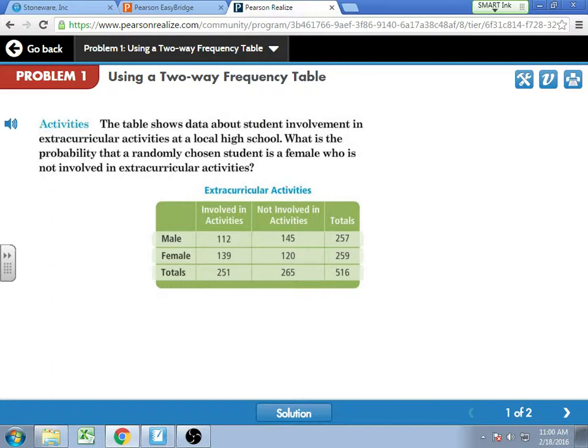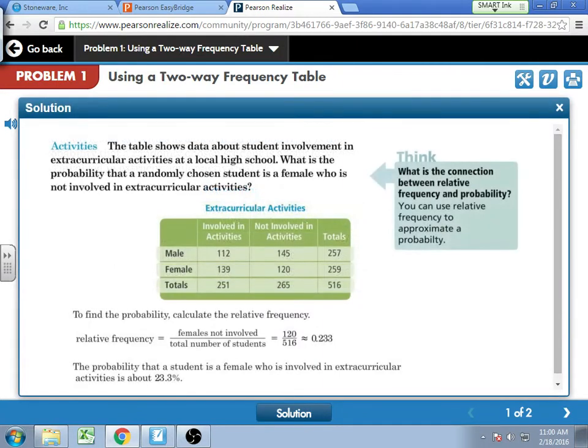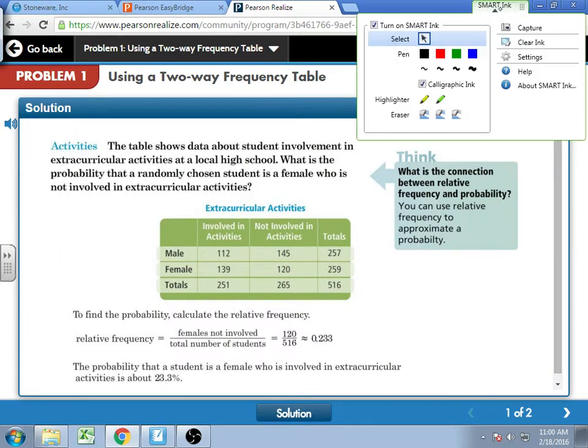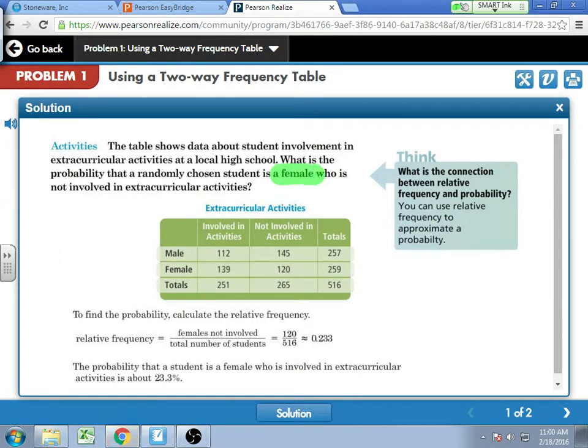So this is one of those complicated situations. I'm going to show you the thought process for this. When we look at females not involved, when I'm looking at the probability, do I only care about the females? No, I care about everybody, but I'm looking at how many of them are female and not involved.